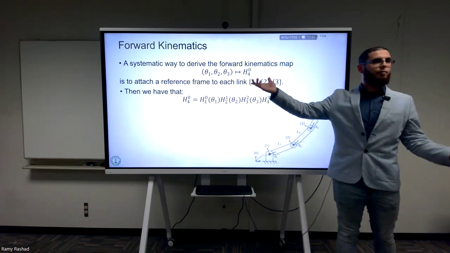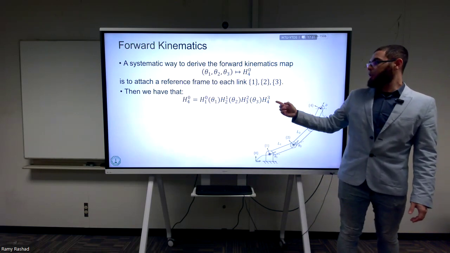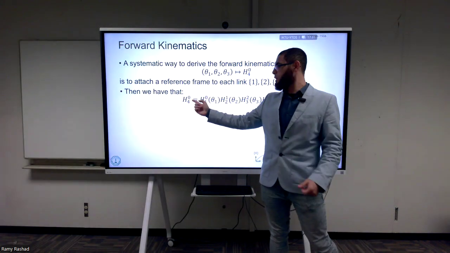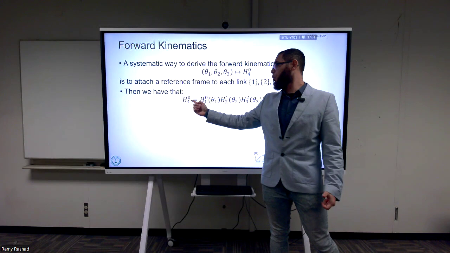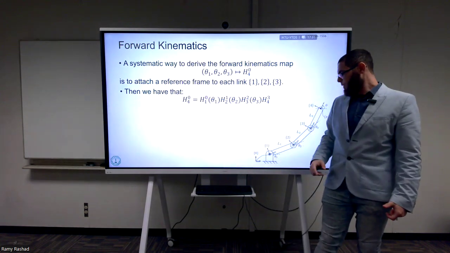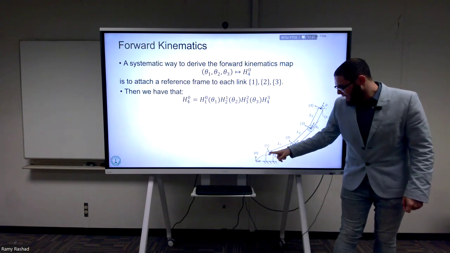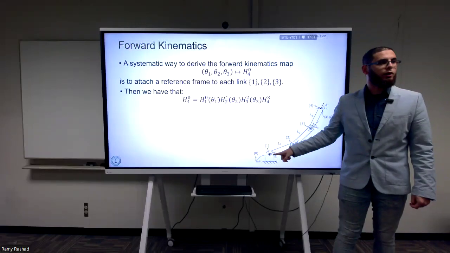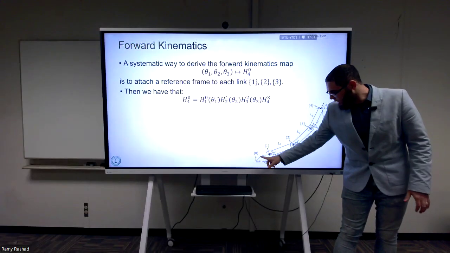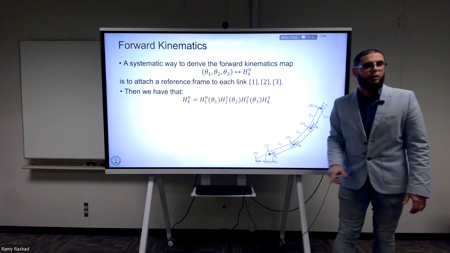Then, by what we learned about homogeneous transformations, if I would like to have the homogeneous transformation, or the relative pose, of the end effector frame, frame 4, with respect to frame 0, which is the stationary frame that we have here. As a small remark, frame 0 is at the same point as frame 1. It's just drawn like that so that it's clear, and there is an arrow that says frame 0 is at the same point where frame 1 is attached.